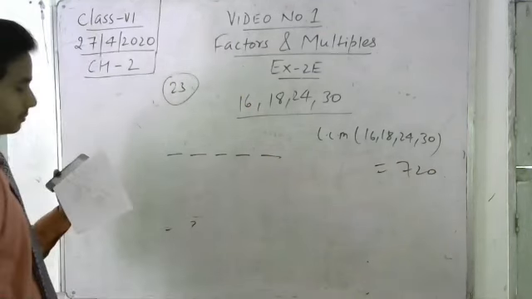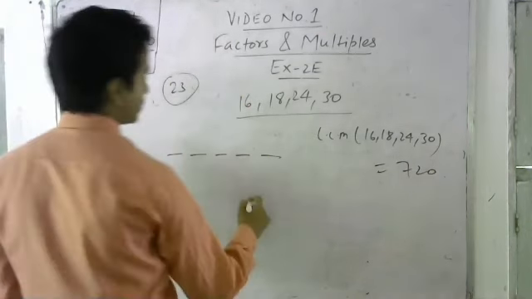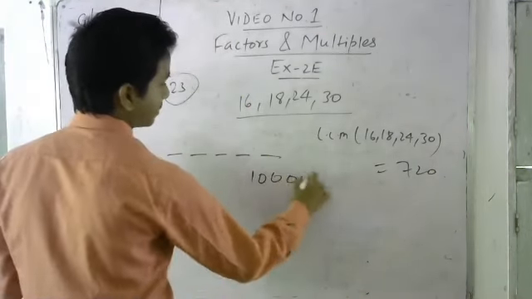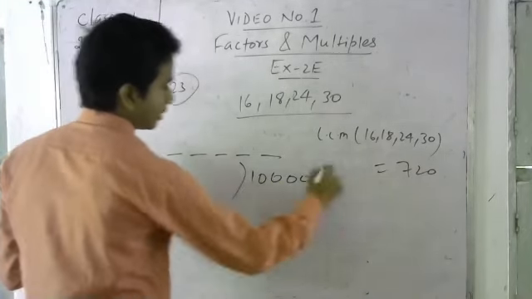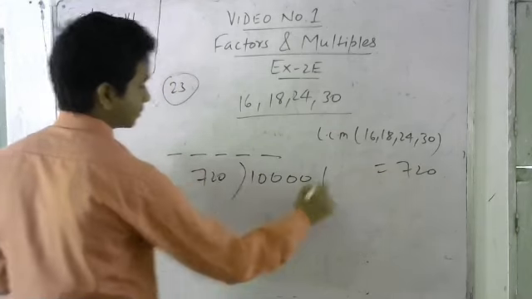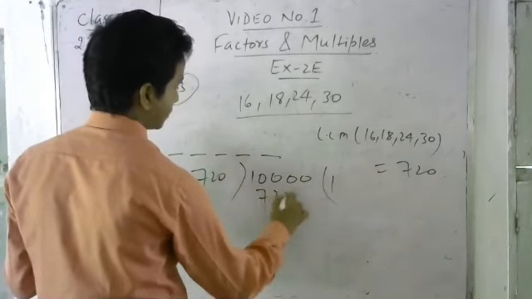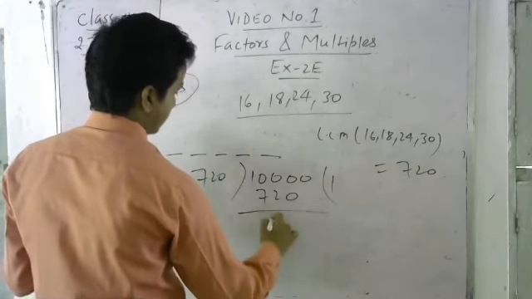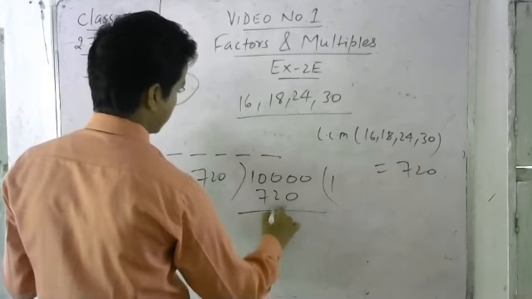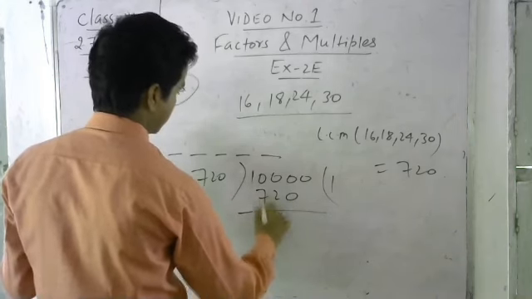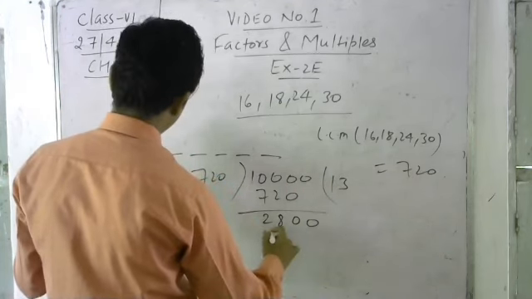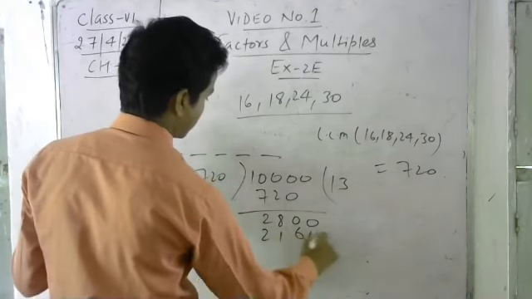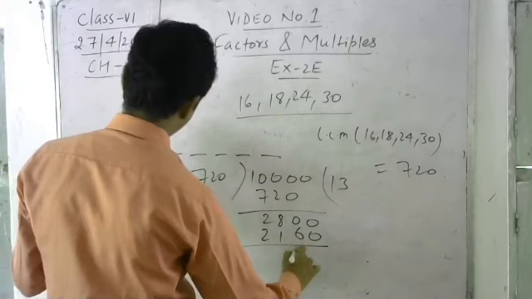After finding the LCM, what is the least 5 digit number? The least 5 digit number is 10,000. Now divide it by 720. 1 times 720, what remainder are you getting? 10 minus 7 is 3 and so on. Now 13 times 720 is 9360 and the remainder is 640.